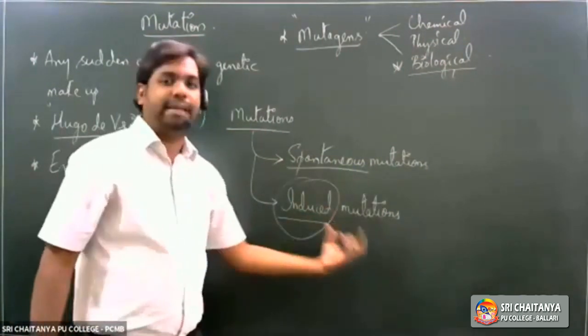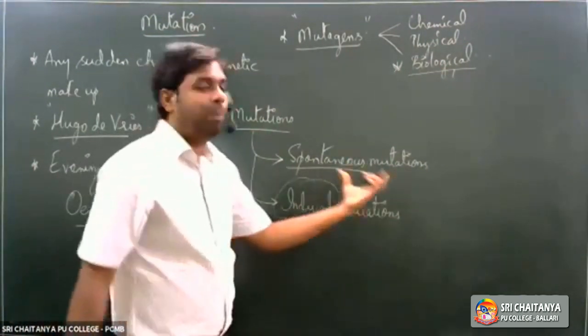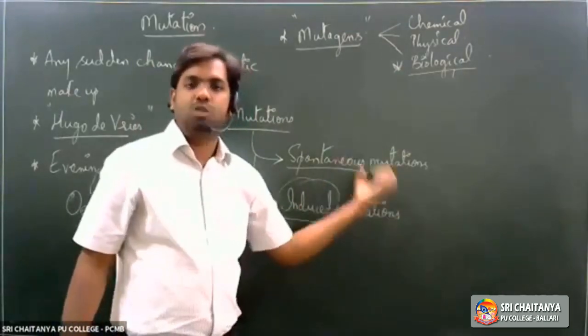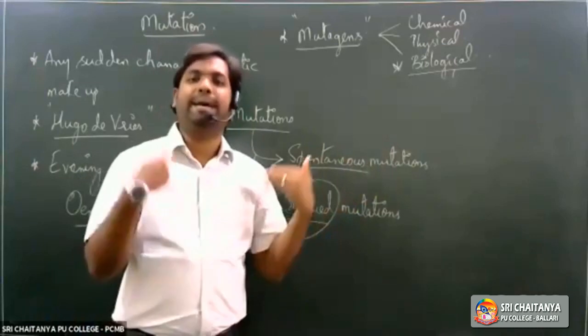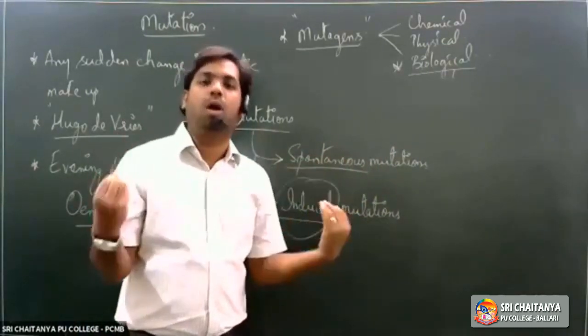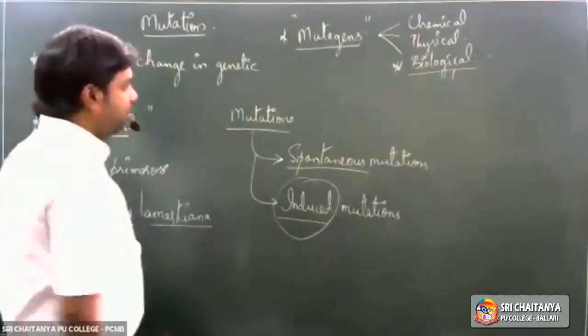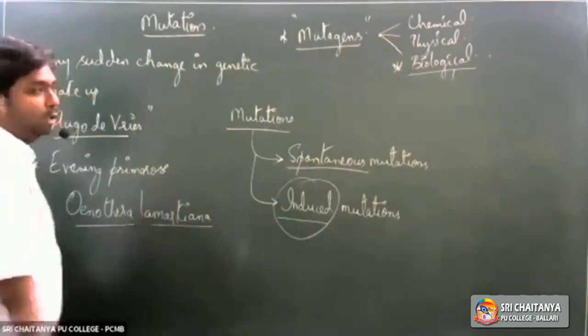This usually takes place with human interference, whereas spontaneous mutation does not involve the interference of humans. It occurs by nature, by chance, and all of a sudden. Such mutations we call spontaneous mutation, as well as induced mutation.